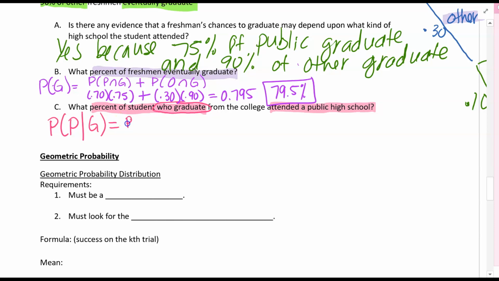So it's going to be the probability of going to public school and graduating over the condition, which always comes second. You're going to take the probability of graduating total.